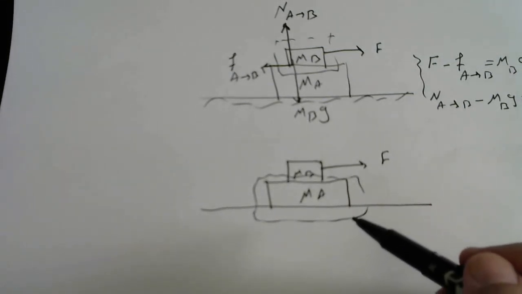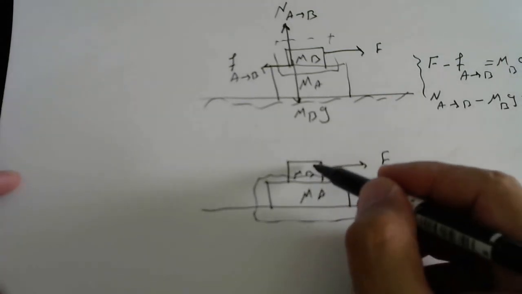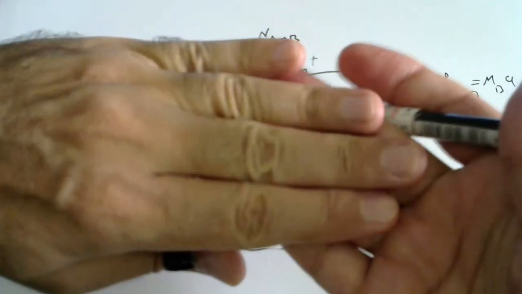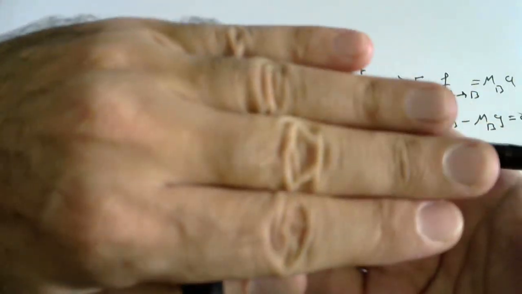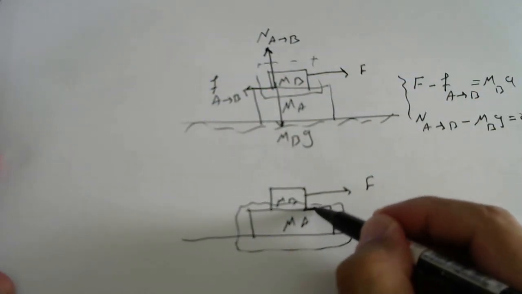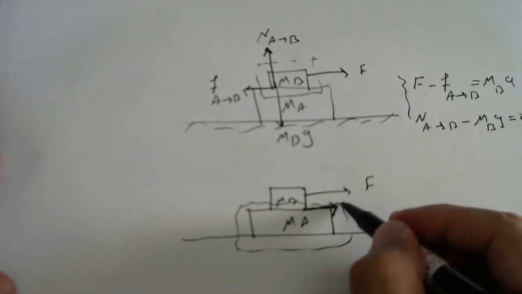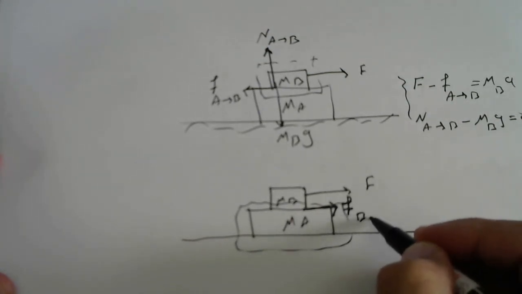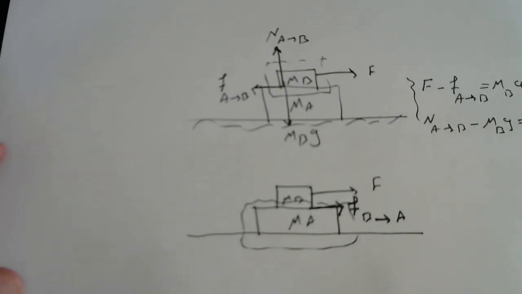In this case, among the forces acting on A from the environment, one of them is B pushing A in this direction, moving A. So this is B, this is A, and it's pushing it. Therefore the friction acts as a force that moves A, not one that stops A. This is the friction B to A, I call it.